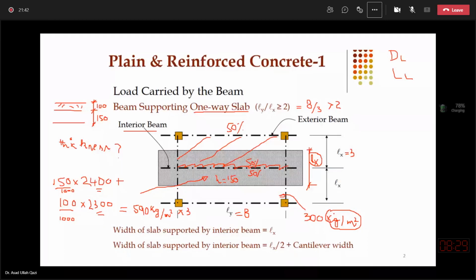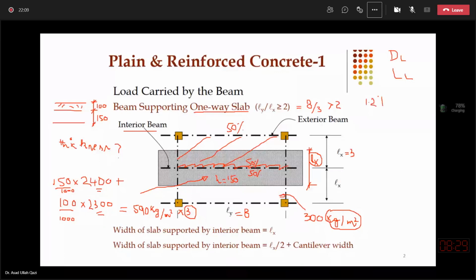And then finally, I will multiply them with the transverse dimension to get the total service load on the beam by selecting the combination. Since we are working on ultimate strength design, the second combination of ultimate strength design will govern in this case.